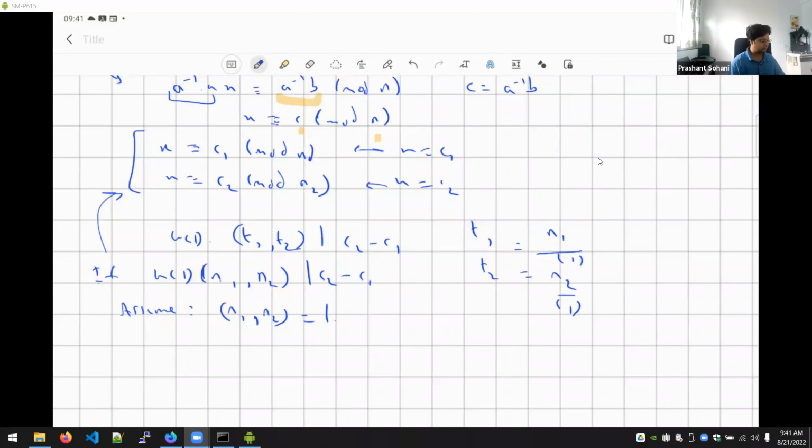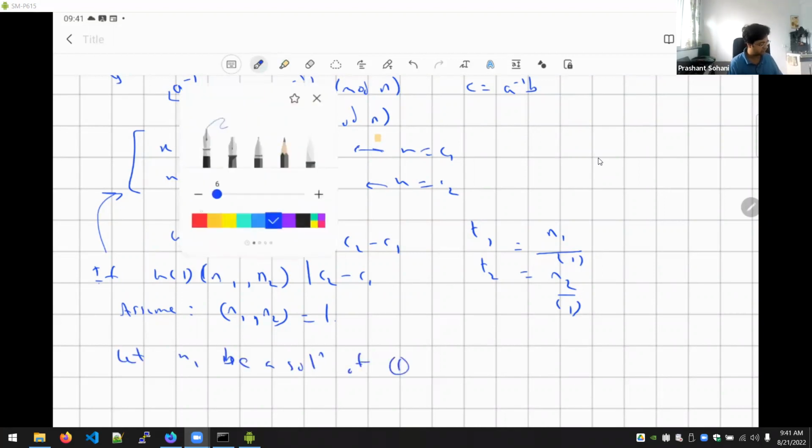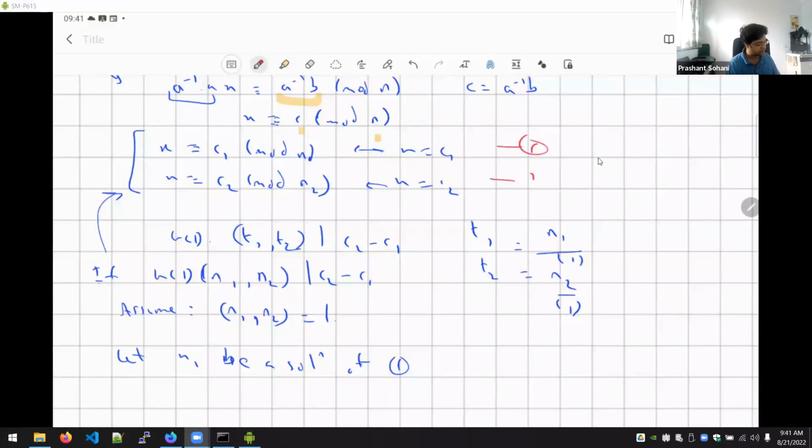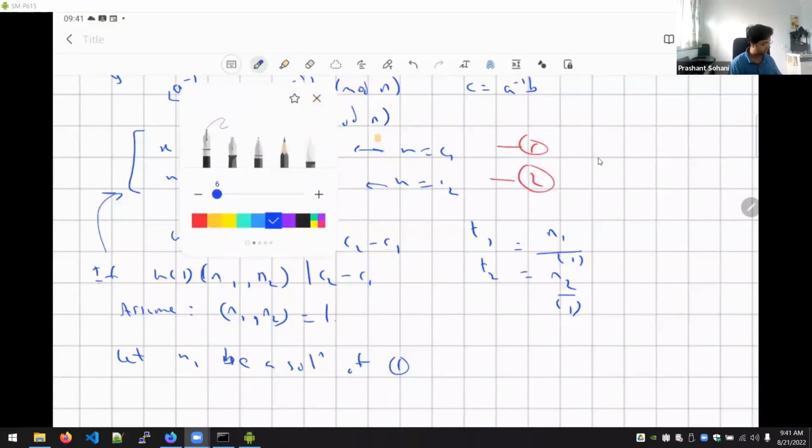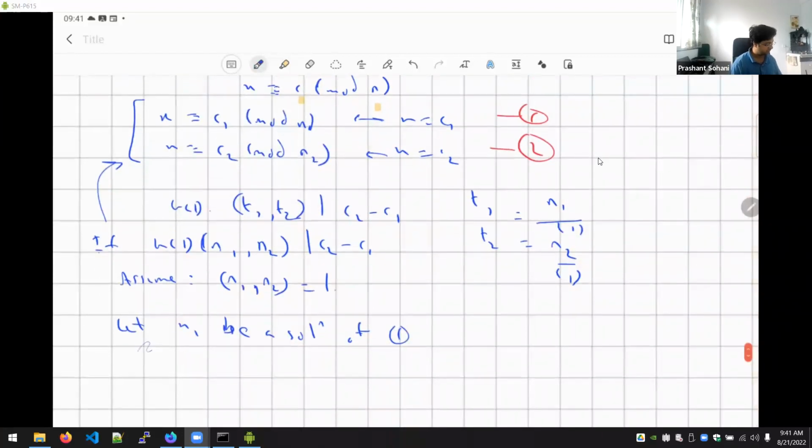So now the question is, you have one solution for the first equation, one solution for the second equation. How can you find the solution which will satisfy both of them simultaneously? Let us say we know x1 is a solution of the first equation. This is equation 1, this is equation 2. And let x2 be a solution of equation 2. So starting from this x1 and x2, how will you find the solution of both of them simultaneously?